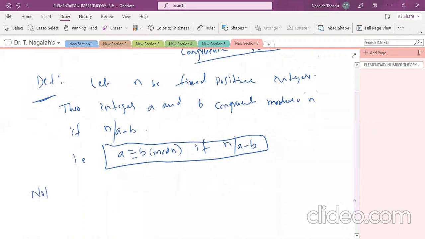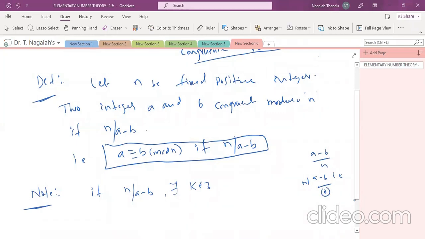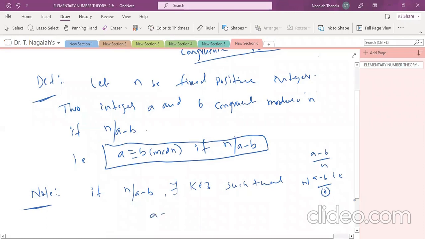Now my note is that if n divides A minus B, then by the divisibility condition there exists k belonging to Z such that A minus B is equal to n times k.